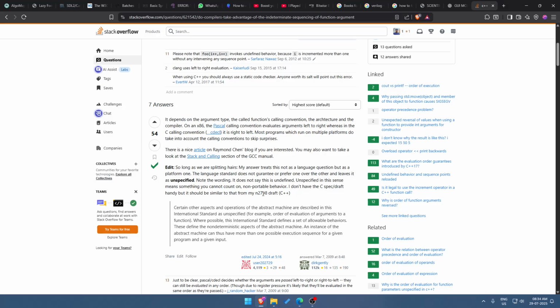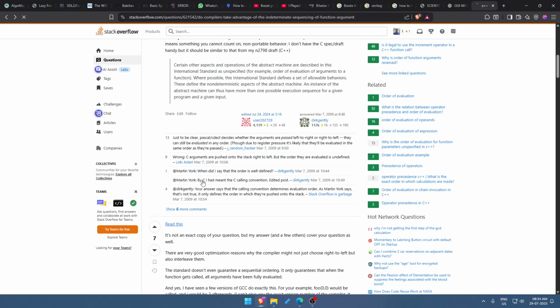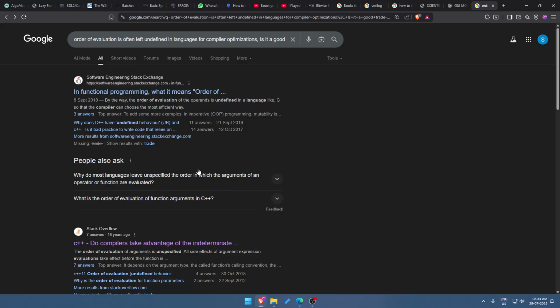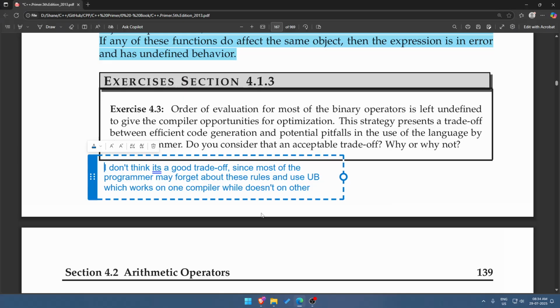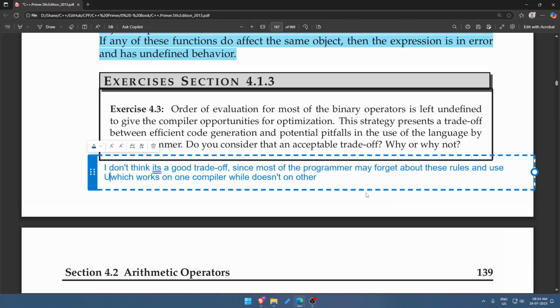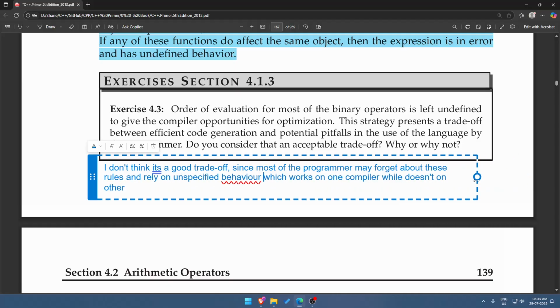I don't have the C spec draft handy, but it should be familiar from C++. Don't rely on unspecified behavior, not undefined, unspecified, which works on one.